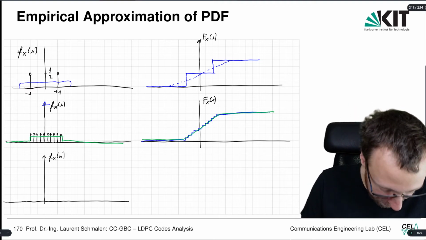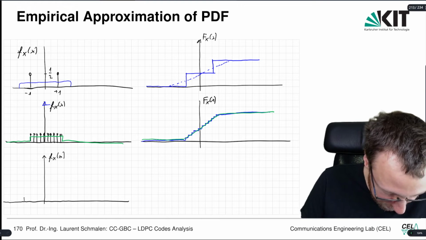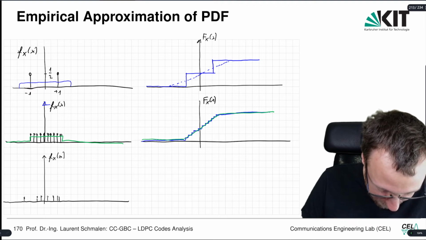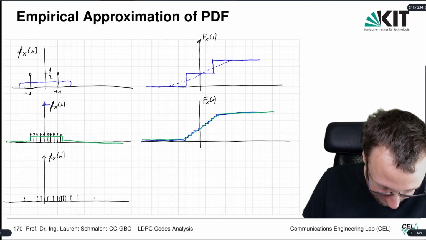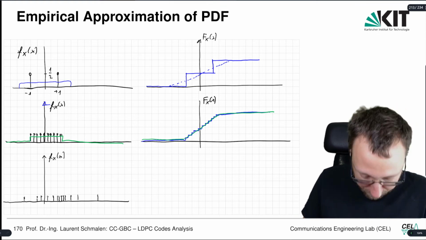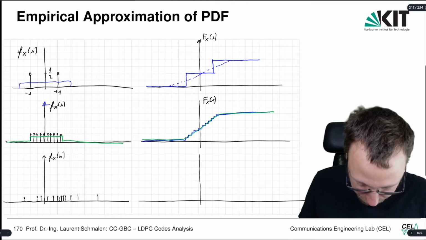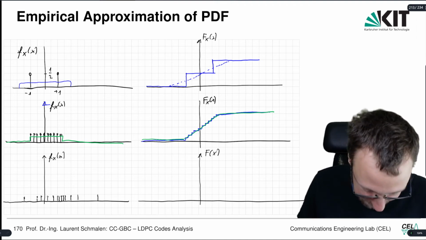So let's assume we have some Diracs here, and then they are very closely spaced, and then they are less closely spaced again, like this. So then let me try to draw f of x. So f of x then looks like this.